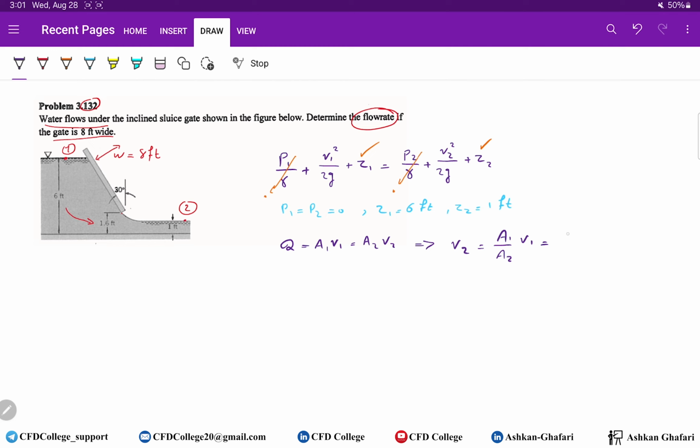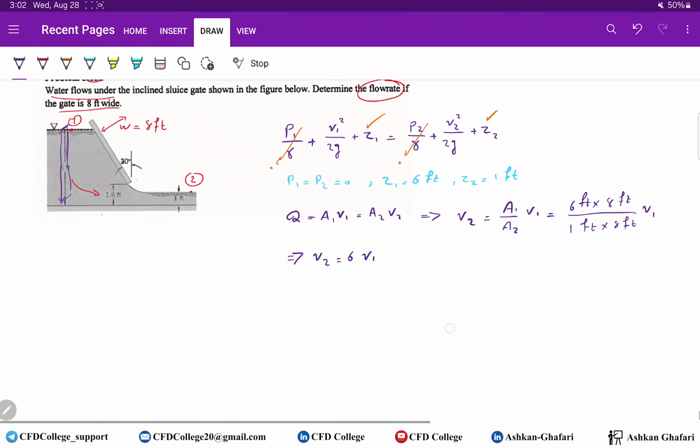A1 is the area, this depth times the third dimension. So 6 feet times 8 feet, W, while A2 is 1 foot times 8 feet, times V1. So now we know that V2 equals 6 times V1.